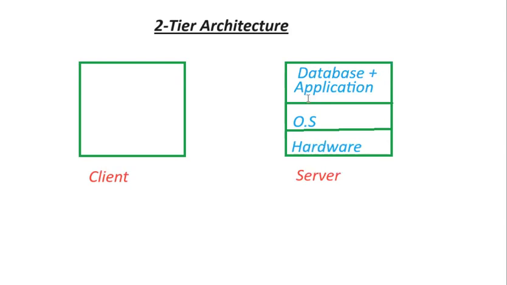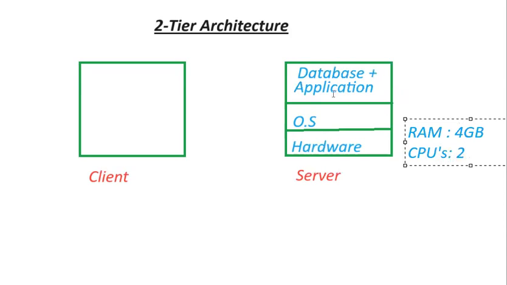Let us say you are a developer. You developed an application and hosted it on a server, which contains the application as well as the database. Let us say I allocated 4 GB RAM to my server, and I allocated 2 CPUs.